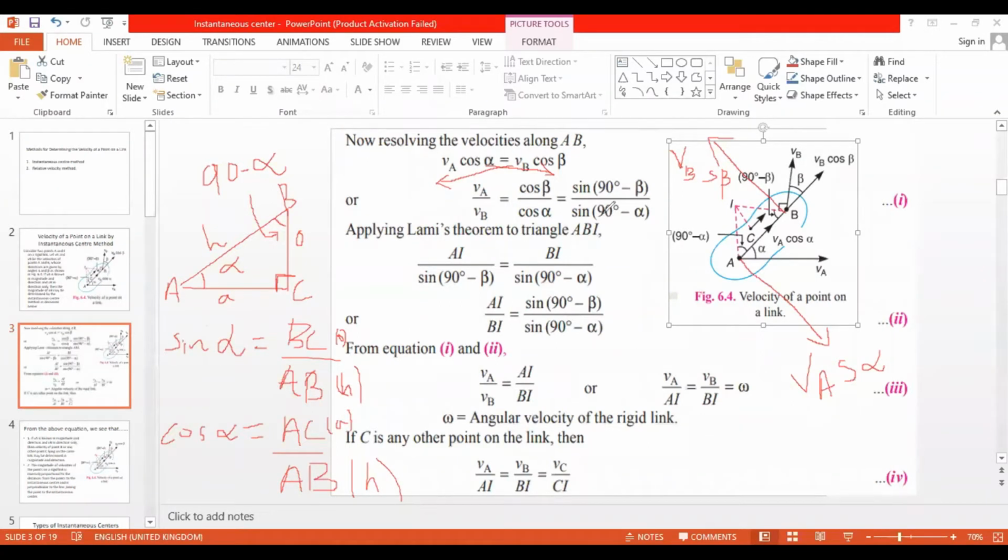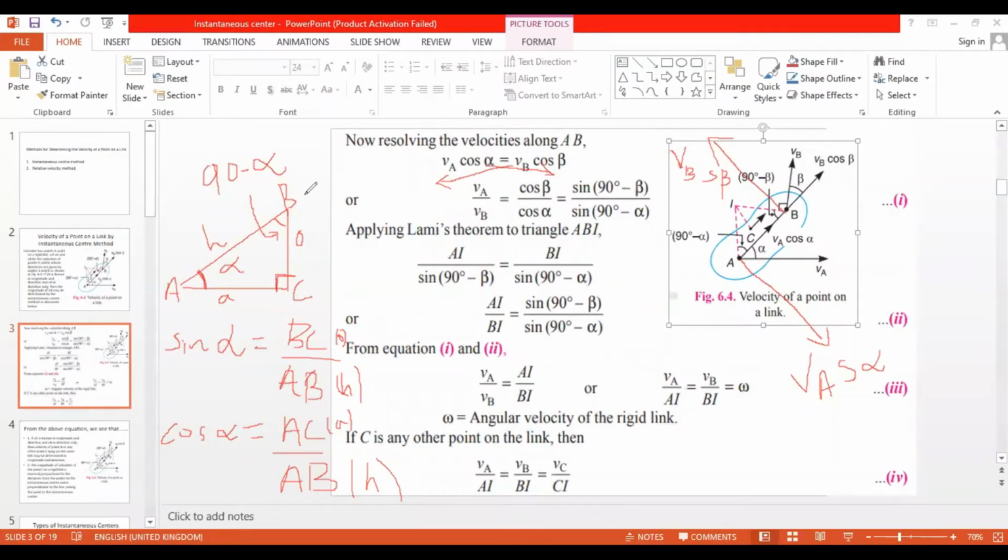So we'll talk about cos alpha. Cos alpha here is AC upon AB, right? So this cos alpha is equal to this sin (90 minus alpha). Why?